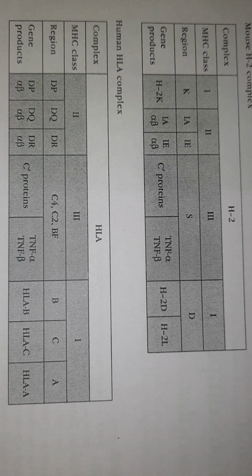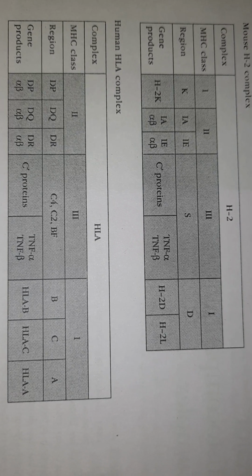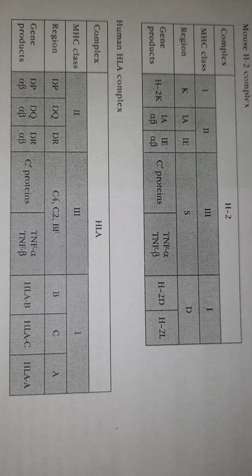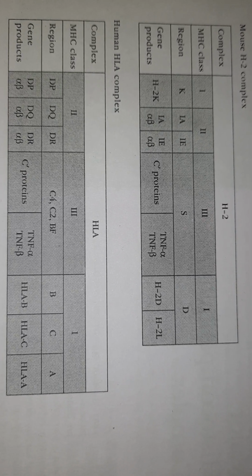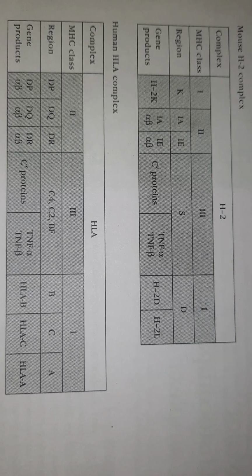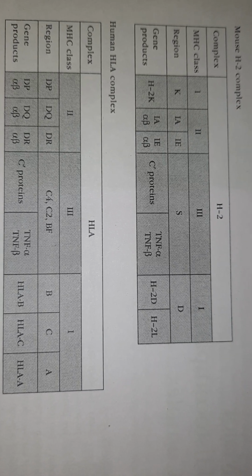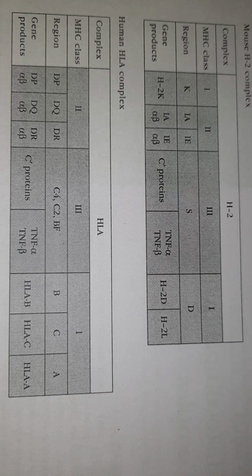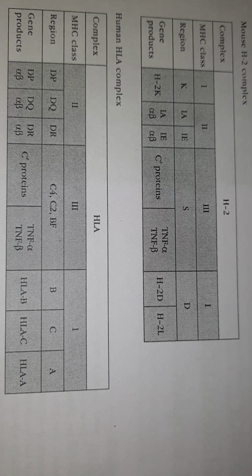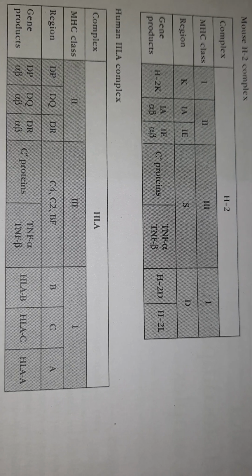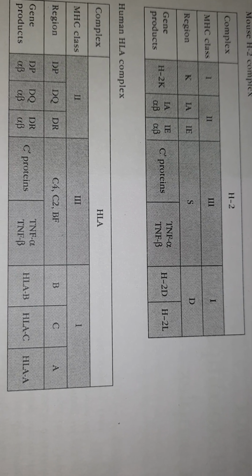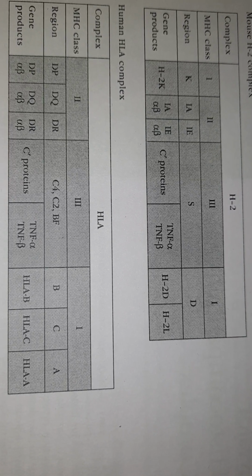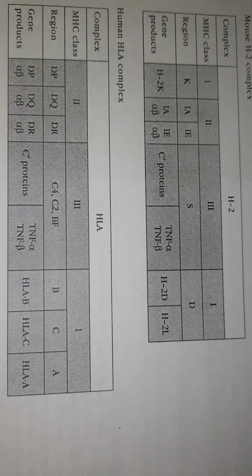The class 2 MHC genes encode glycoproteins expressed on antigen presenting cells: macrophages, dendritic cells and B cells. They present processed antigenic peptide to TH cells. The two chains of the class 2 MHC molecule are encoded by the IA and IE regions in mice and the DP, DQ and DR regions in human.